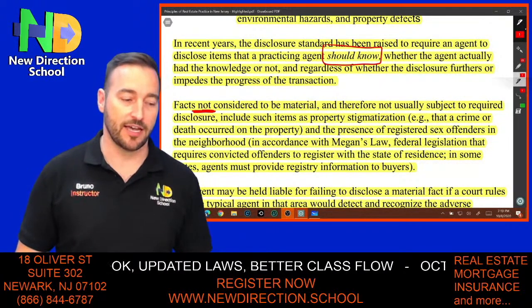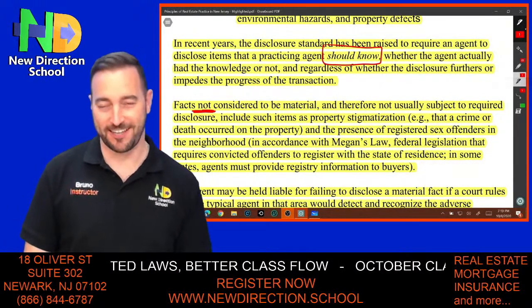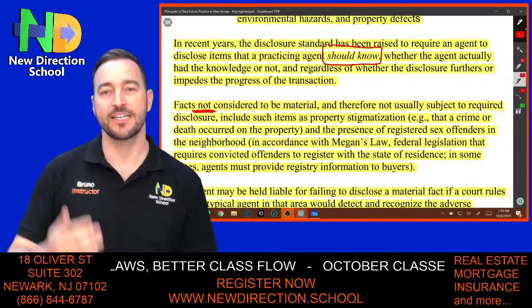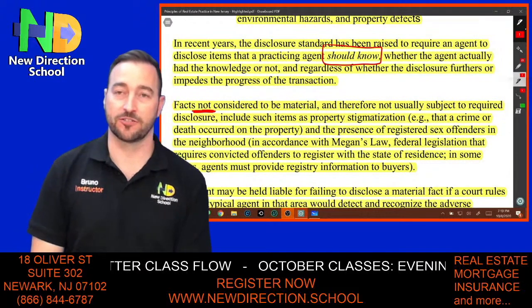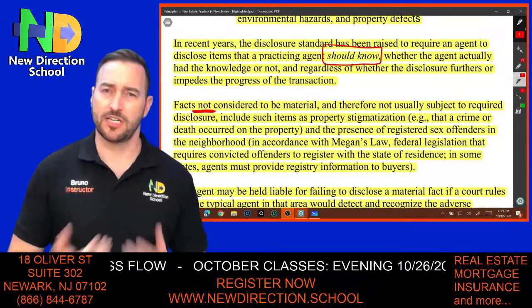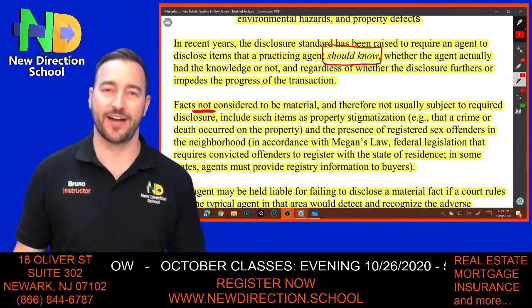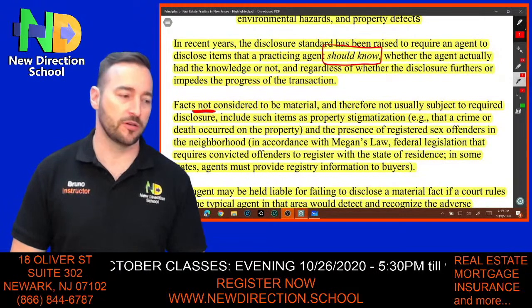Because you're not going to say, because house is haunted, I'll get back to that in a second. Because you're not going to say, hey, I heard there's a sex offender next door, so I'm paying $10,000 less for this house. Right? Do you think a sex offender is a negotiating point for value? It's not. Right?